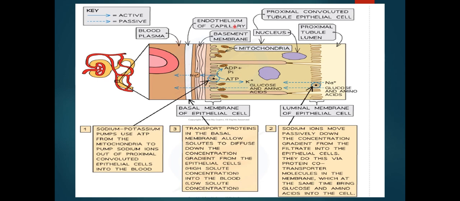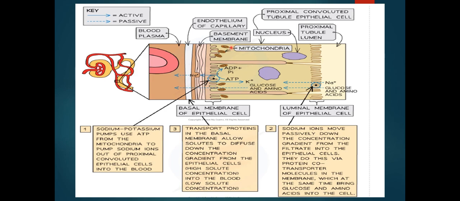This one, this is the lumen of the proximal convoluted tubule, the light yellow. These are the luminal cells. You can say the endothelium of the membrane, and this is the vessel. This is the basement membrane between the vessel and the proximal convoluted tubule.